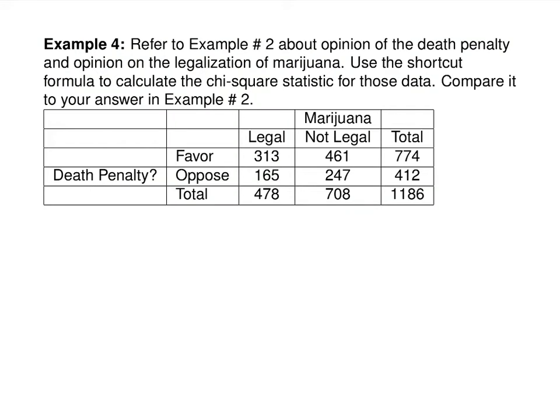Okay, so let's do that for this one. Chi-squared is equal to, first is the n, which is the total from your table.